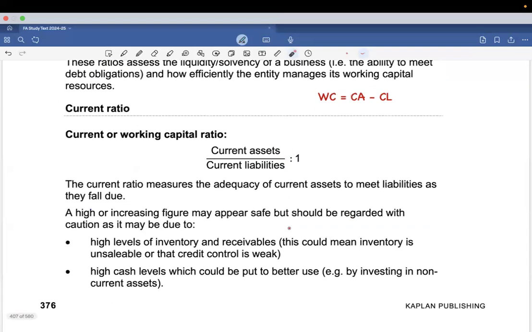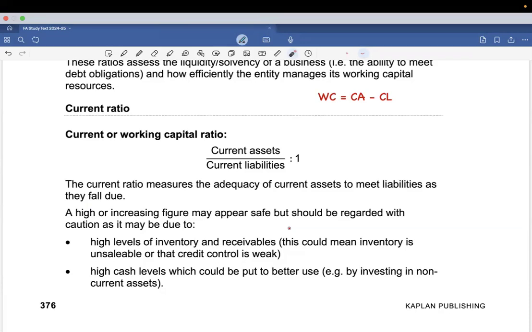Now, the current ratio shouldn't be too high. It shouldn't be too low. A high current ratio means there are too many current assets within the company. There is too much inventory, too much cash. It is bad. Very low means the company does not have a sufficient balance to pay off the current liabilities, so it is also bad.